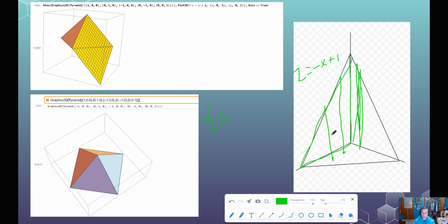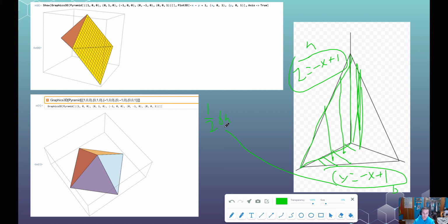What about the height? Well, I guess this is the height, height h. So what about the base? Well, the base goes from the x-axis to this line right here, which if you rewind, was y equal to -x plus 1. So that's our base.